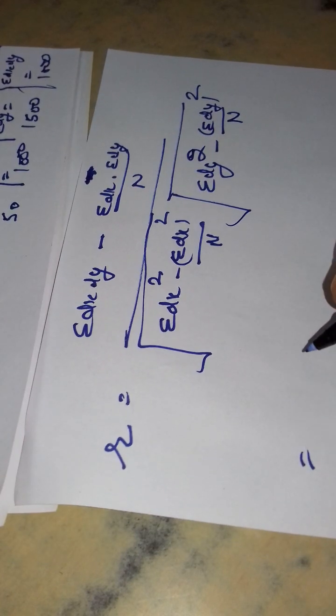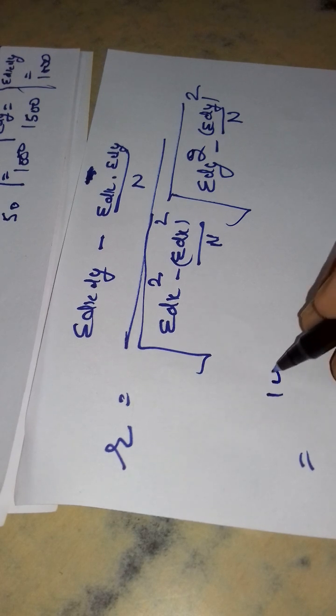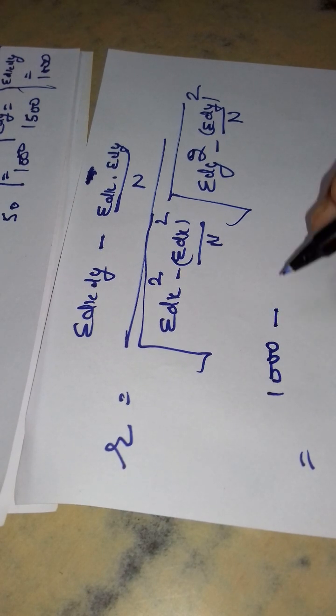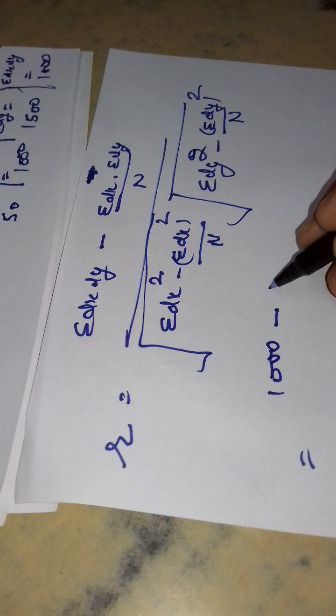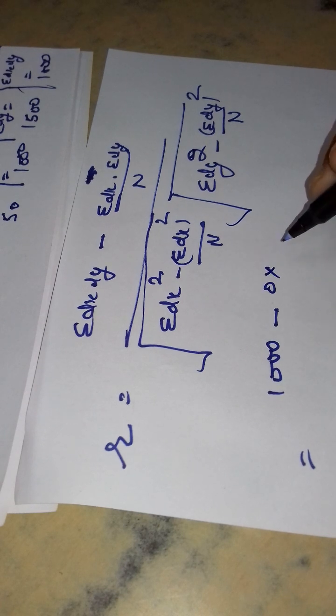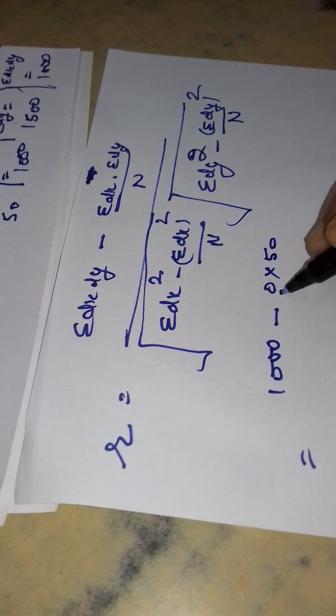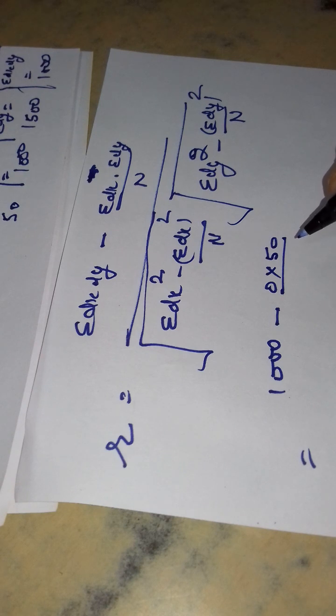Now put the values in this. Summation dx dy is 1000 minus summation dx is 0 multiplied by summation dy is 50, over n or the number of observations.